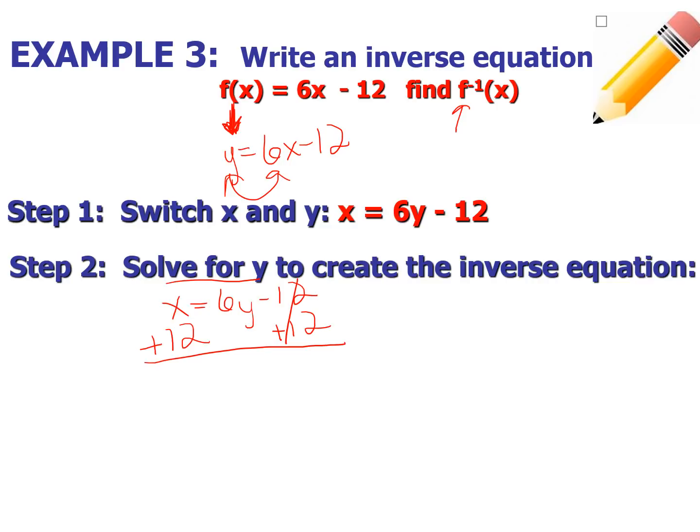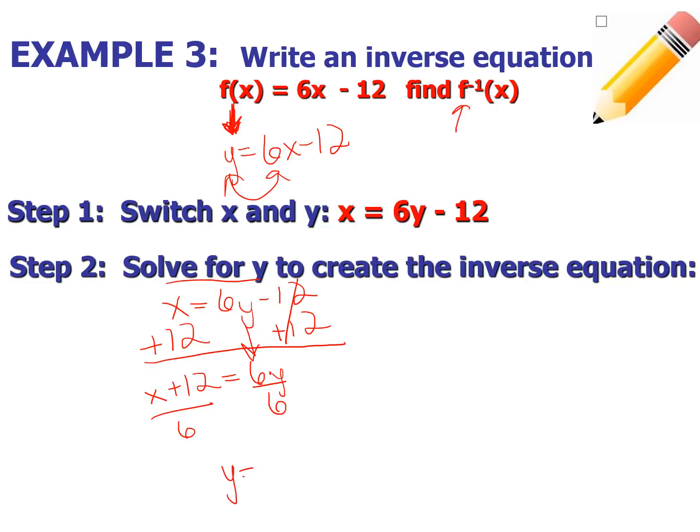This cancels. X plus 12, that can't be combined. They're not like terms. So that becomes x plus 12 as a phrase, and we just bring down what we have left over, 6y. Still haven't gotten y isolated, so I have to divide by 6. That's the opposite of multiplication. Whatever I do to one side, I have to do to the other side. Divide by 6. Now, 12 is divisible by 6, but x is not. So I'm going to just leave that big fraction just as it is.